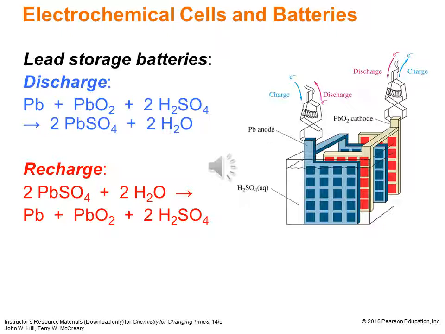So if we look at the discharge overall reaction, you have lead metal plus lead 4 oxide plus 2 moles of sulfuric acid give rise to 2 moles of lead sulfate, lead 2 sulfate now, and 2 moles of water. So that's why it's important that you have these batteries sealed so that the sulfuric acid inside doesn't leak.